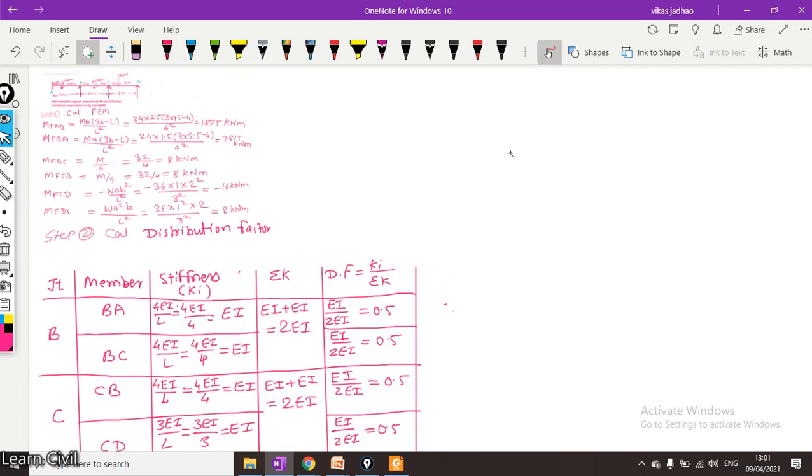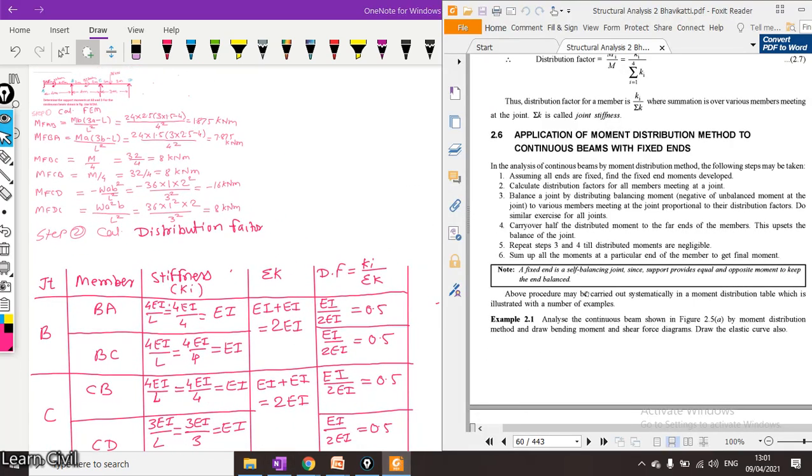Okay. Now the next step is balancing of joints and carryover. After every balancing and carryover, we will check whether the unbalanced moment is negligible or not. If the unbalanced moment is not negligible, then we will again go for balancing and carryover.